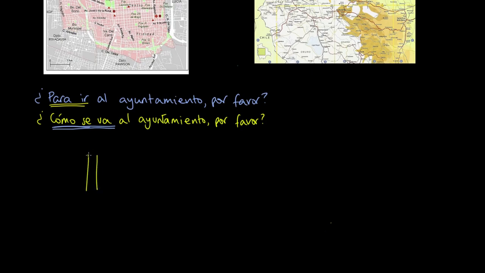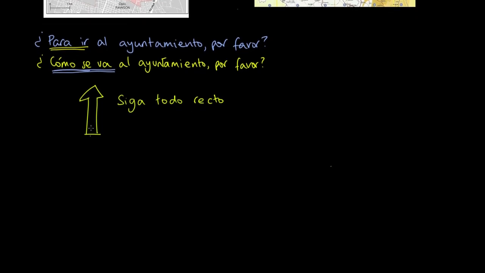Okay. So I could say siga todo recto. Siga todo recto. Go straight away. Siga todo recto. I may also see sometimes siga todo derecho. Okay, recto, derecho mean the same.